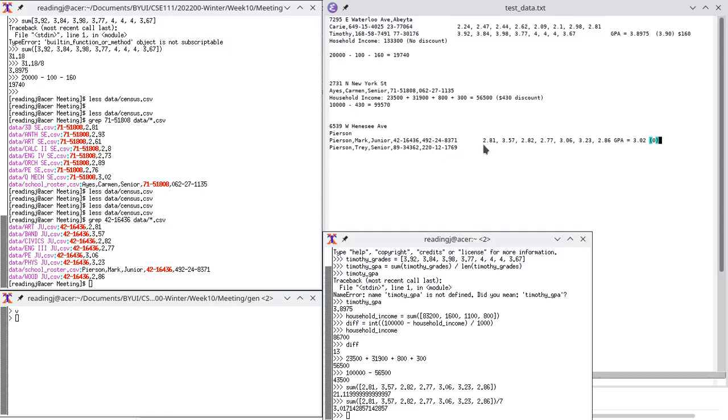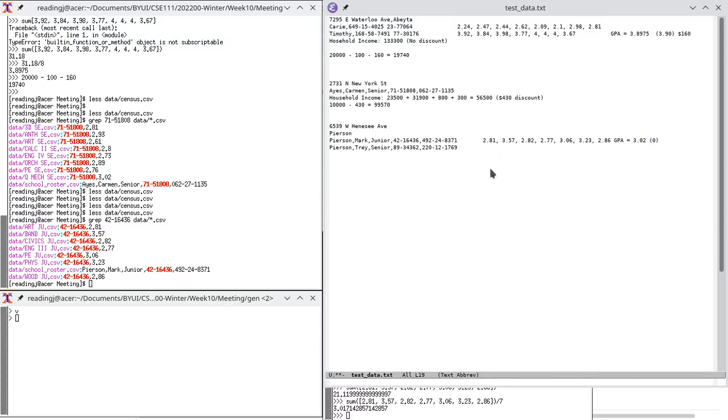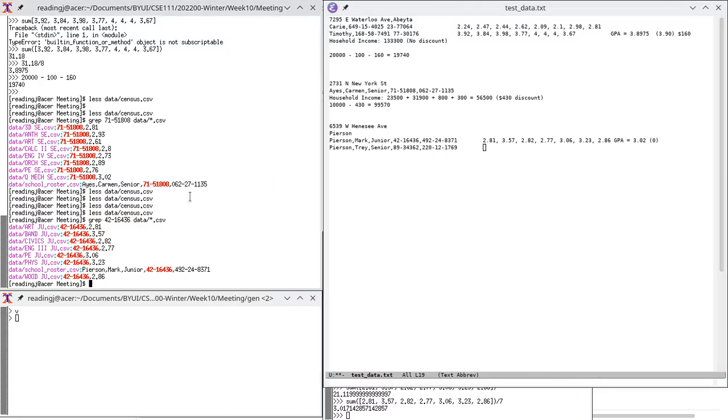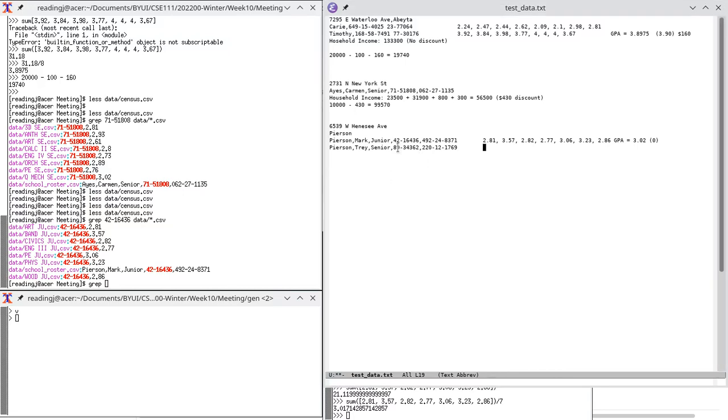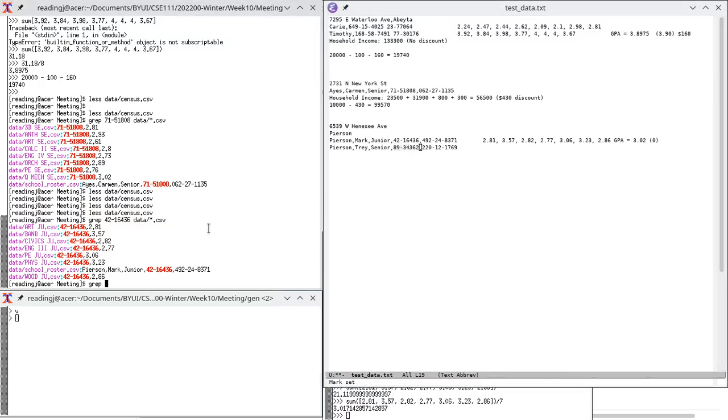Let's see how Trey does. So we're going to do grep that, data star.csv.